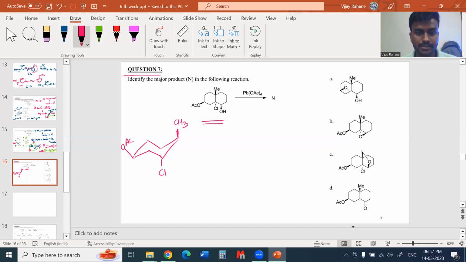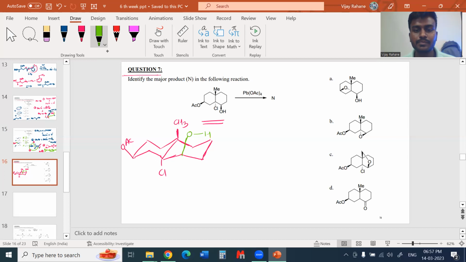Like beta. So this is the structure, and it has the chlorine which is down and the hydroxy group which is above, right?